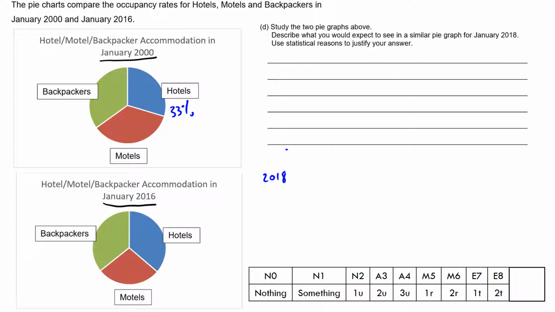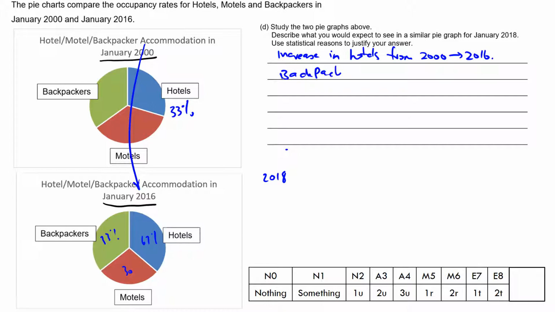And backpackers are about the same, so they've stayed the same. That's decreased, and that has increased. So from there to there has been an increase in hotels from 2000 to 2016.